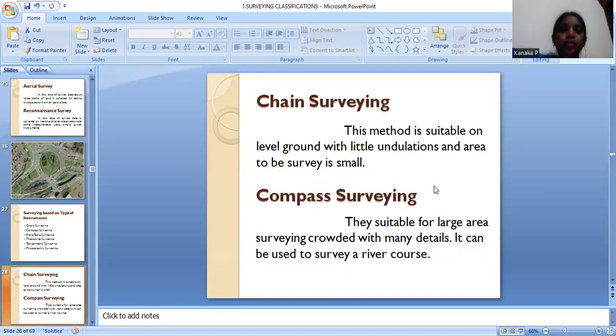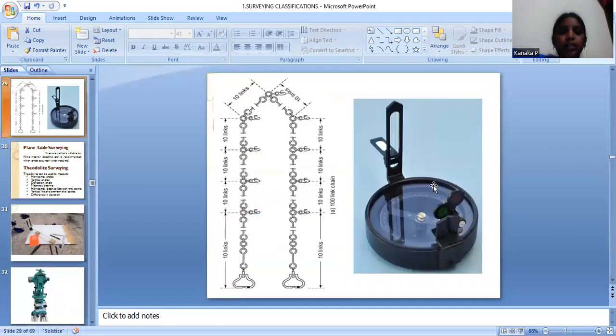Chain surveying is used for measurements of length on level ground, where the undulation of the area to be surveyed is small, and compass survey is for angular measurements. This is used to survey a river course. This is a chain survey, and this is a compass survey. This is the handle.